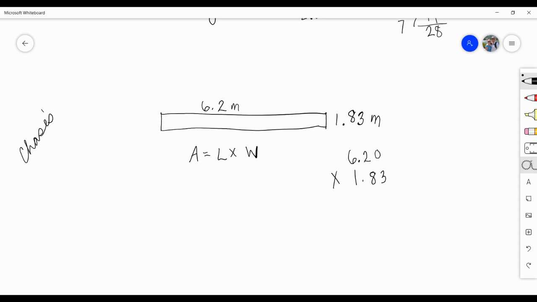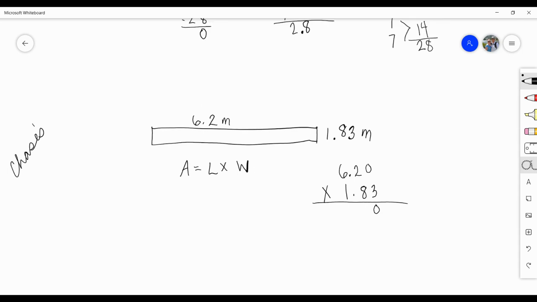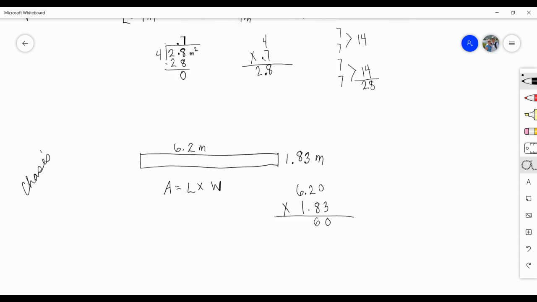I'm going to fill a 0 in so that everything is even. Now I'm going to multiply. 3 times 0 is 0. 3 times 2 is 6. 3 times 6 is 18. Now I'm done multiplying my ones, so I must bring down a 0 and write that. Now I can start with my tens.